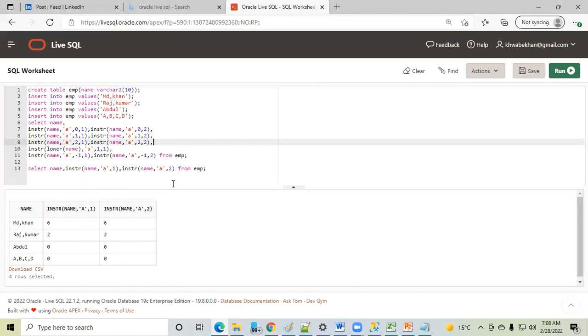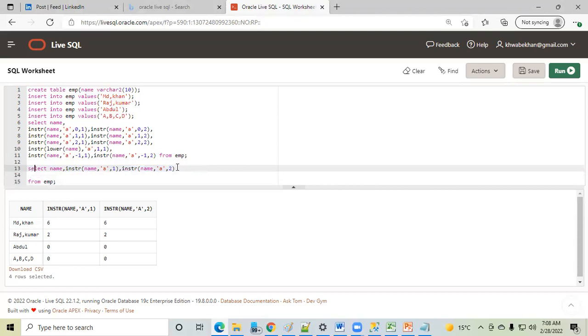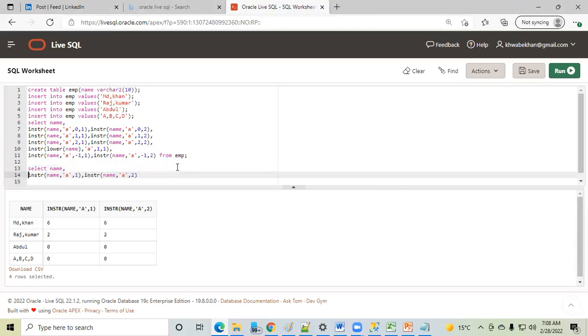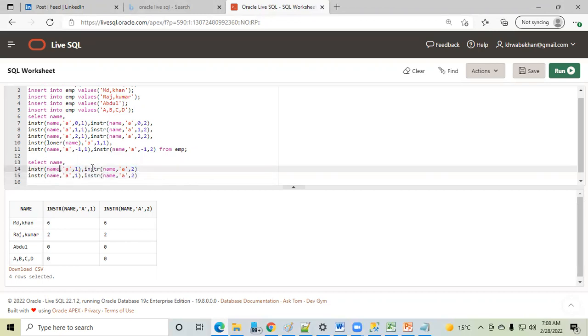Please stop me the moment you think it is not getting clear, because I know this is a bit confusing. Stop me then and there. Now you might be thinking: why are the outputs of these two the same? I will discuss that.